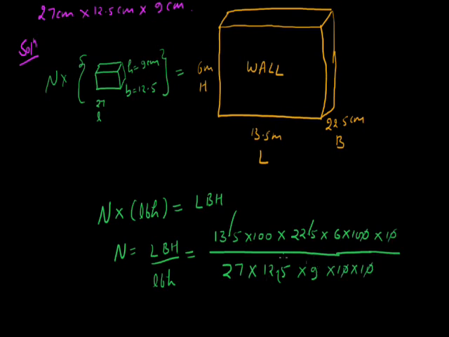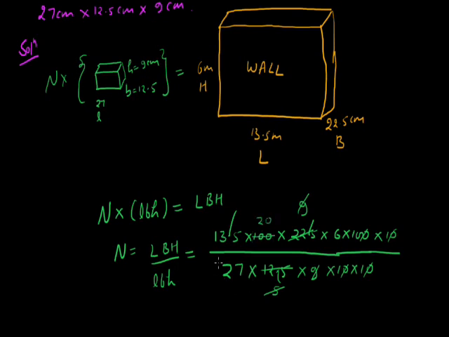Now what we see here, this 225 and 125 get cancelled with 25. 225 divided by 25 we get 9. 125 divided by 25 we get 5. 9 and 9 get cancelled, and 5 times 120.